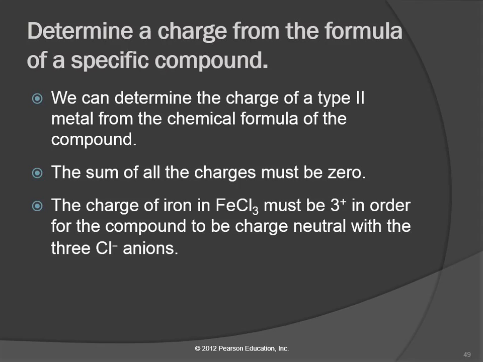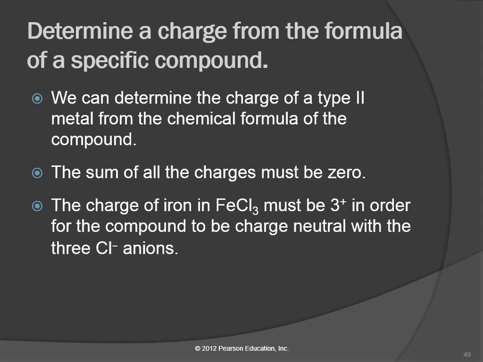How do you know what the charge is on the ion? You have to figure it out from the formula. So if we look at this example, FeCl3, if we're going to name that, we find iron on the periodic table. We ask ourselves, is it in groups 1A, 2A, 3A, zinc or silver?